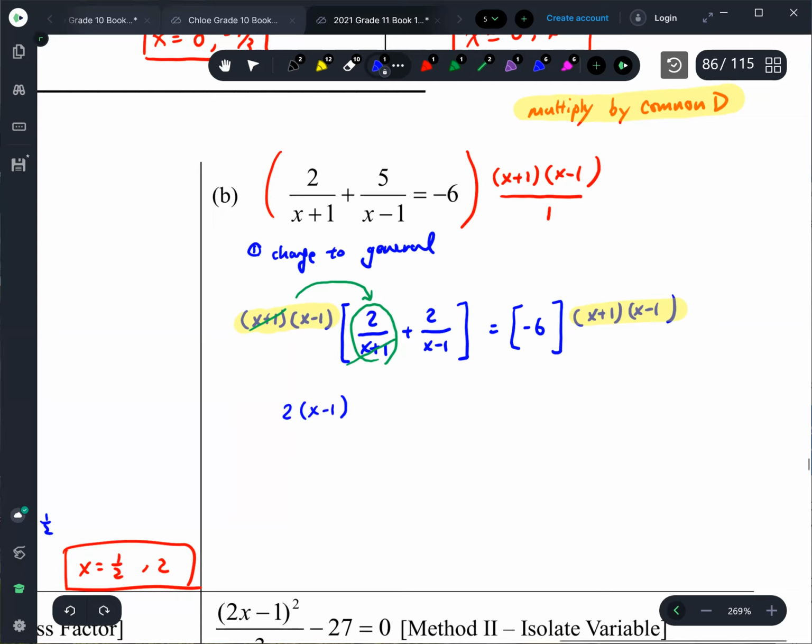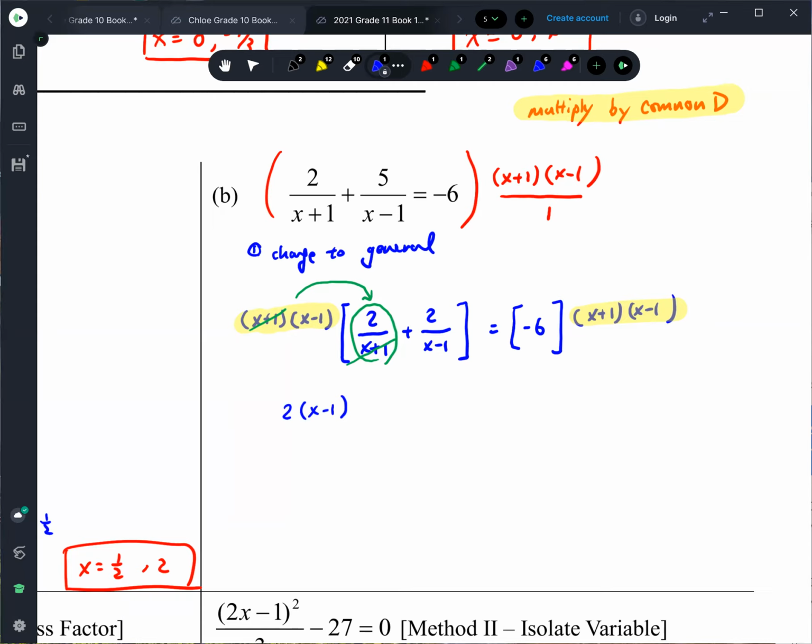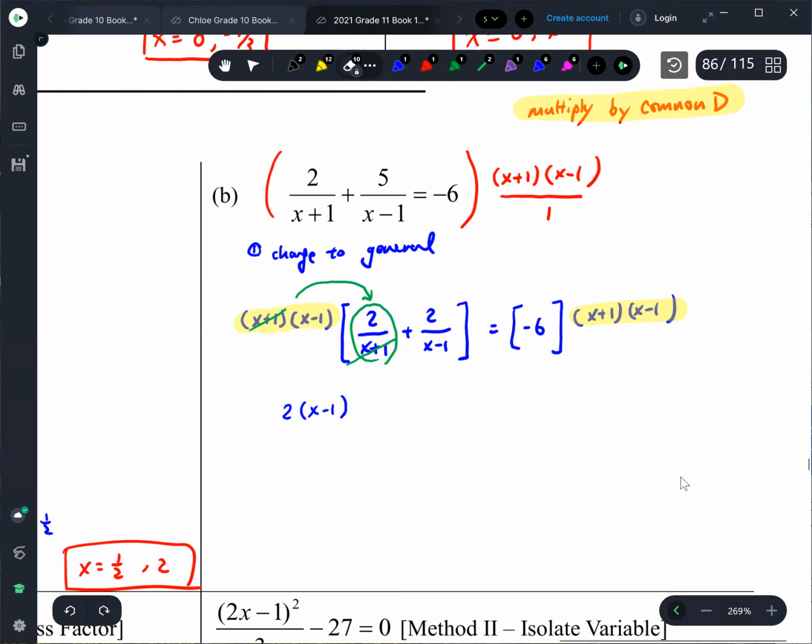Any questions so far? Let me know if you're lost already. Okay, so that's for the first part. And then we are going to do the same for the second one.